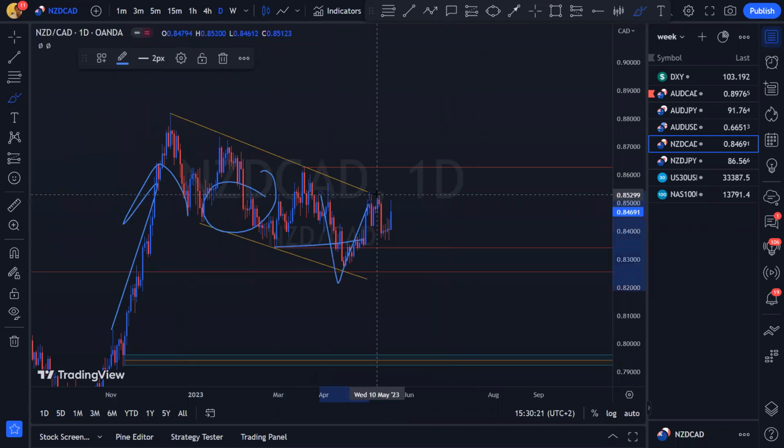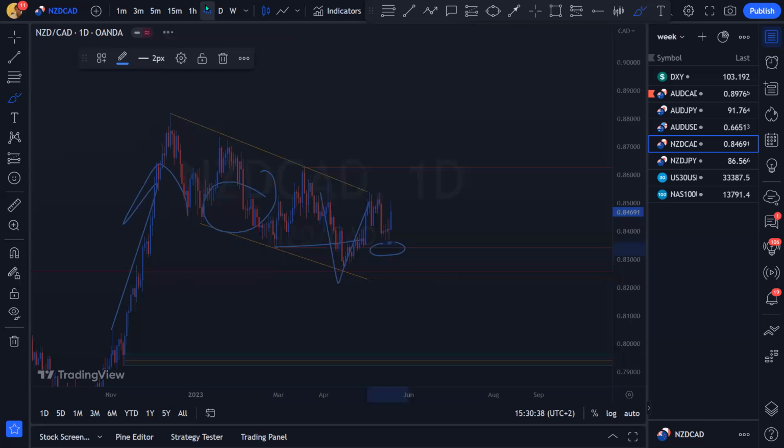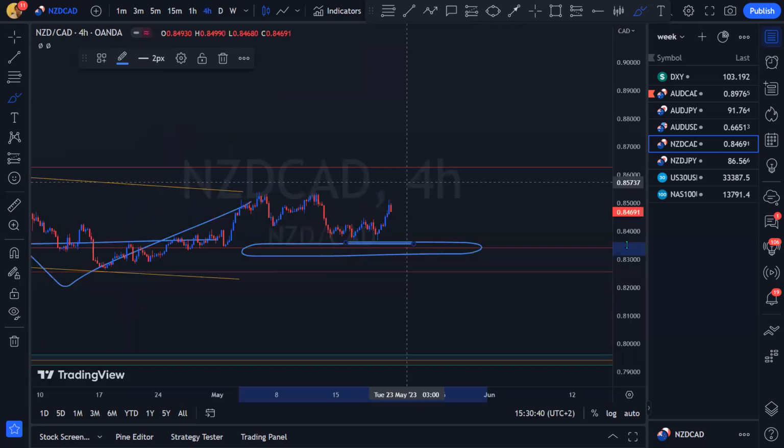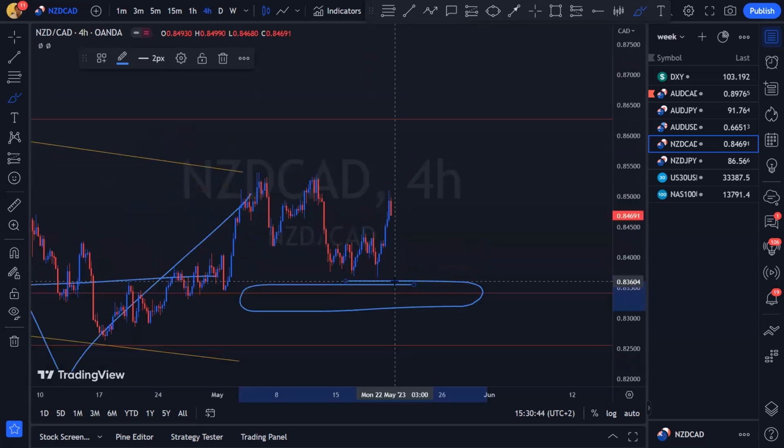All we were waiting for, is this so much to ask, New Zealand dollar CAD, was just for price action to reject off this trend line or off this support, because that's the level of structure that we broke below. And obviously we can come and retest at a later date in time. Last week, she played around there so many times and she just didn't get there. But anyway, I have no idea if this is the buy that we're looking for or not.